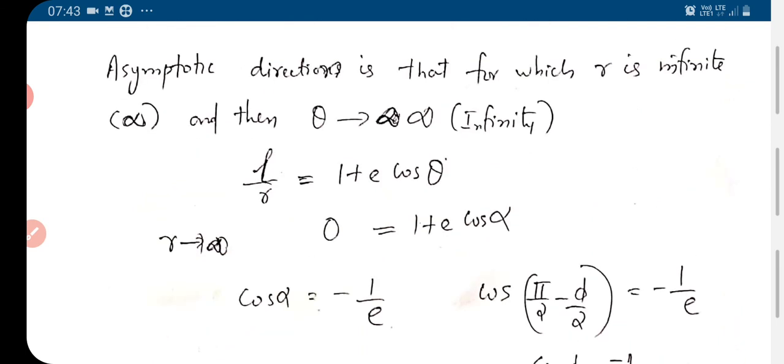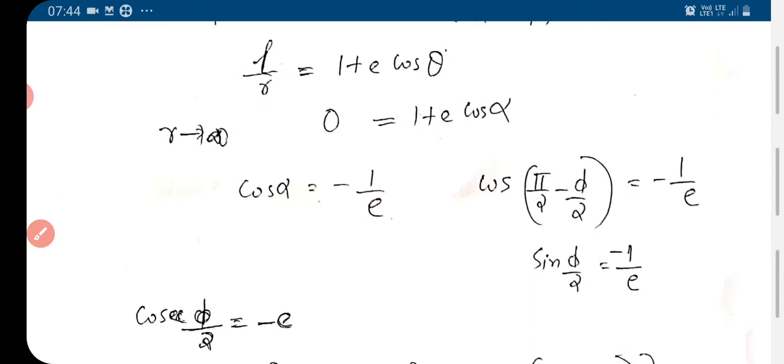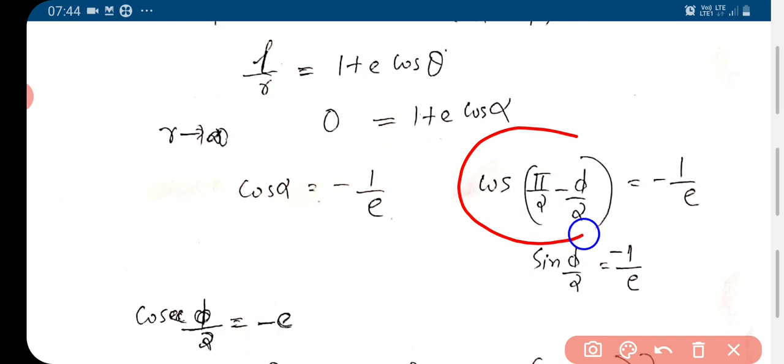The r is infinity, so this L by r is 0, so this is 1 plus e cos alpha, and cos alpha we know is equal to minus 1 by e. Cos of pi by 2 minus phi by 2 is minus 1 by e, because alpha is pi by 2 minus phi by 2.